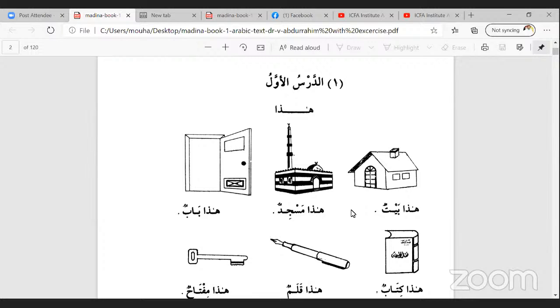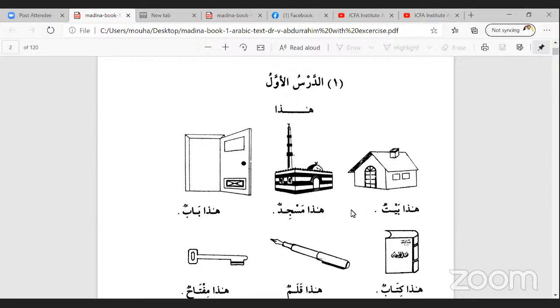Maybe the th would represent it, but there is no one letter. When you say the house, that th is equal to ذال. هذا مسجد, this is a masjid.